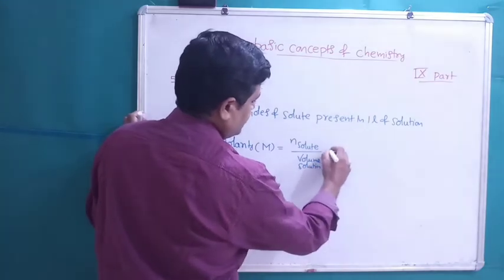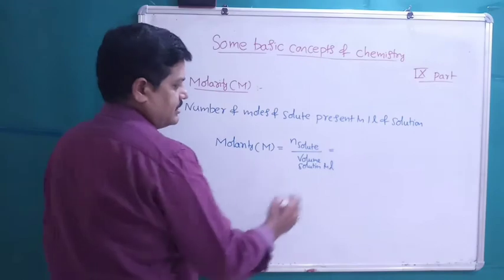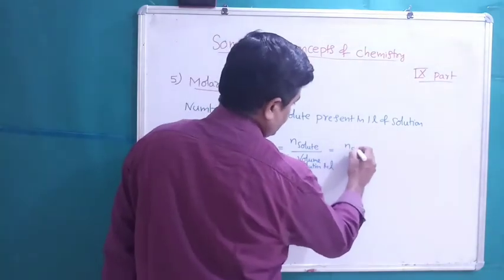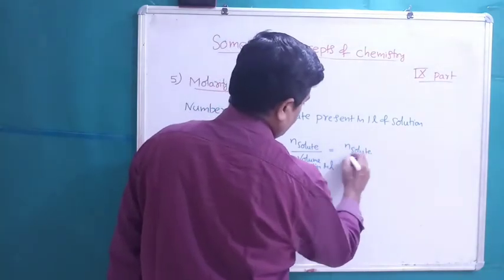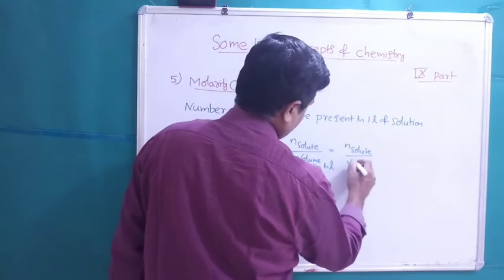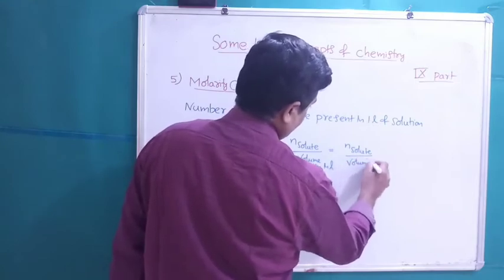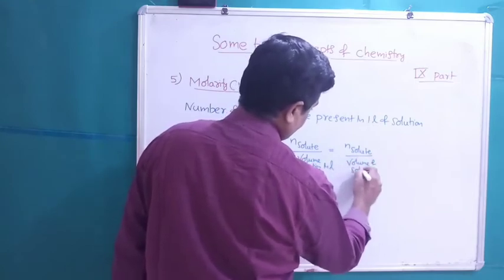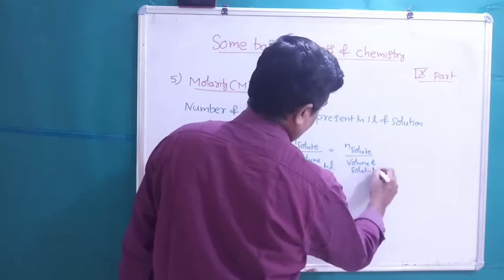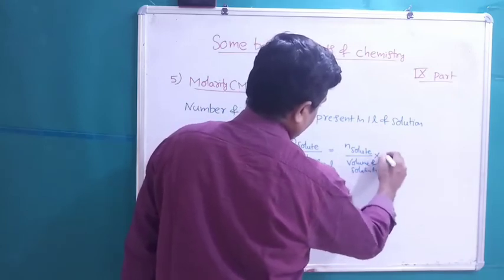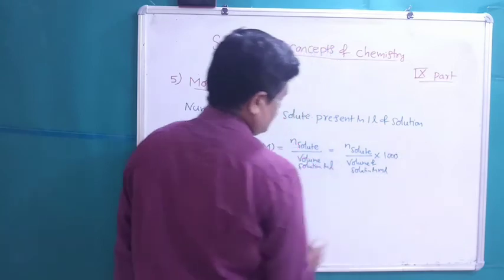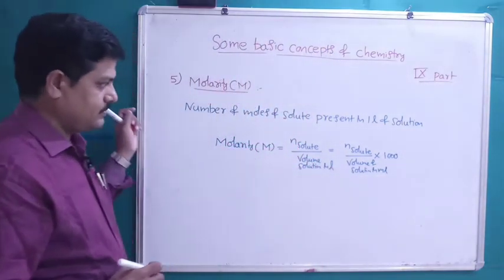If the volume of the solution is in ml, then the molarity formula is the number of moles of the solute divided by the volume of the solution in ml, multiplied by 1000.